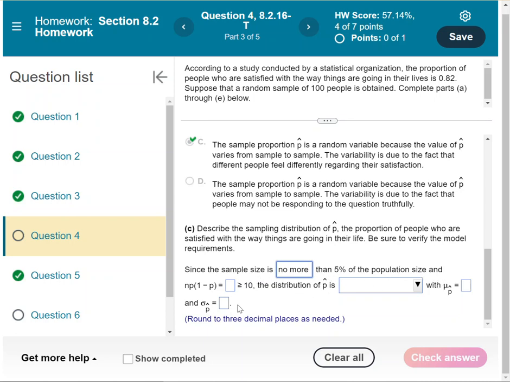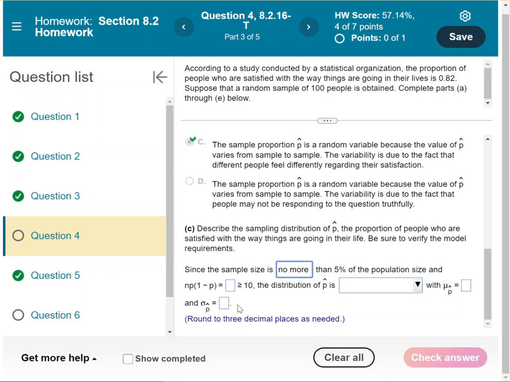And let's find n times p times 1 minus p, and we need to see if that's greater or equal to 10. Well, in this case, n is 100. p is 0.82. That means 1 minus p, well, 1 minus 0.82 is 0.18.